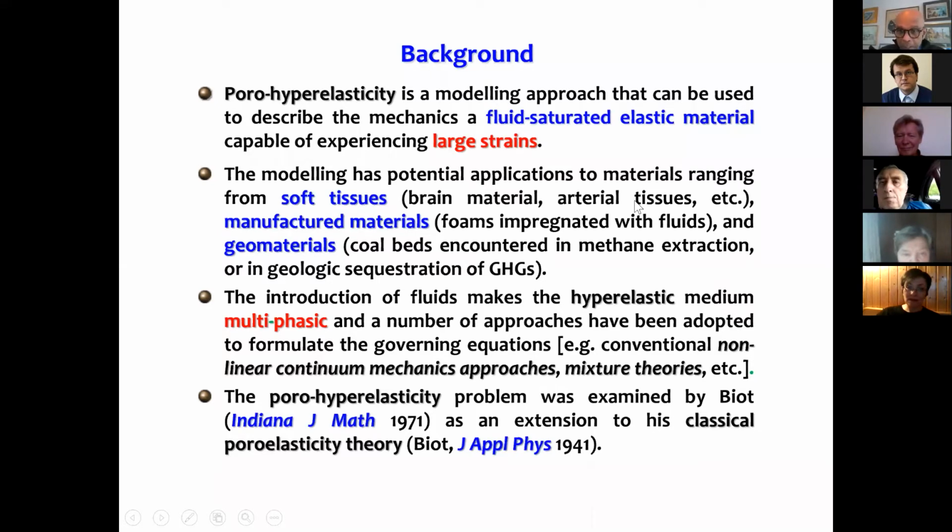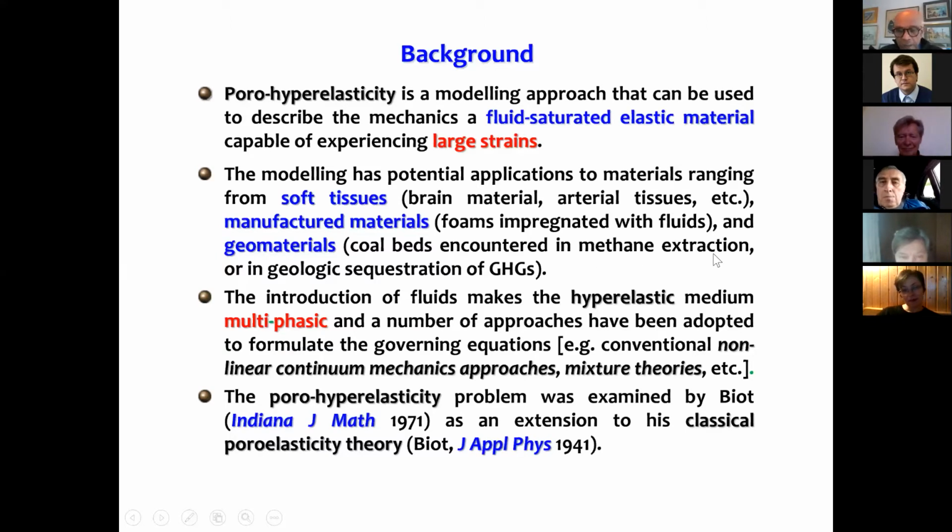Now, all these materials have plasticity in there as well, but for the interests of the seminar, I'll focus attention on the elastic behavior of the material. Other materials are geomaterials, earth materials, like coal beds, used in methane extraction.